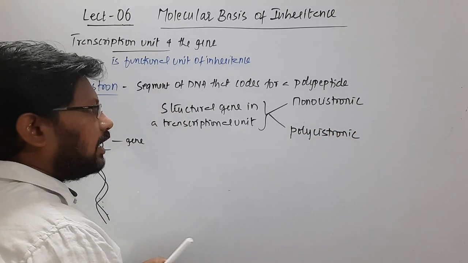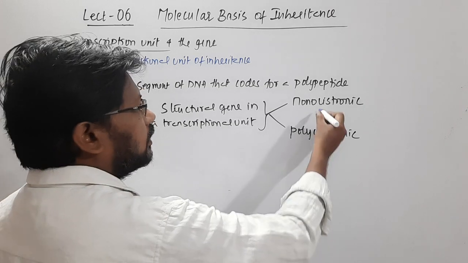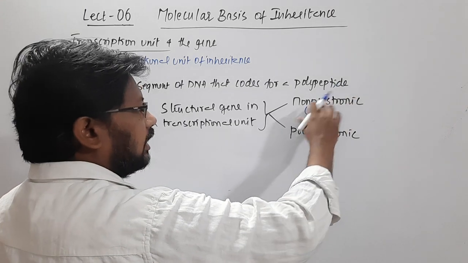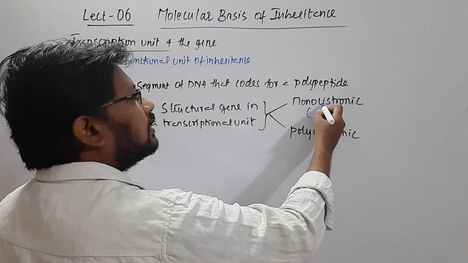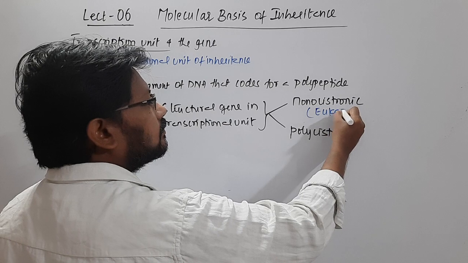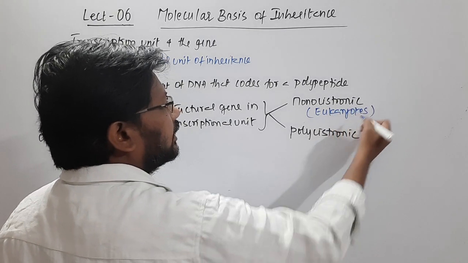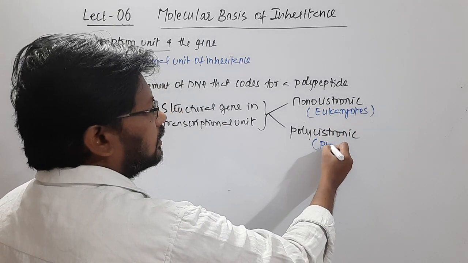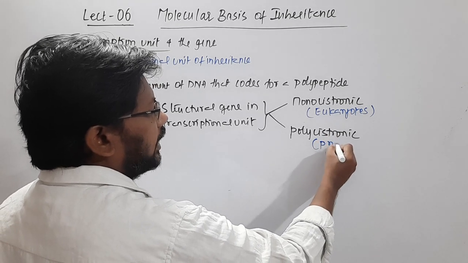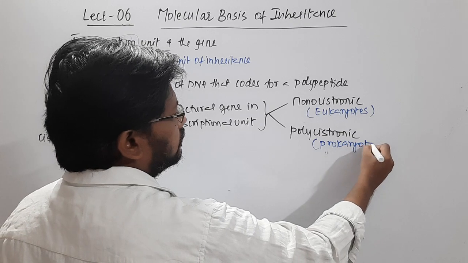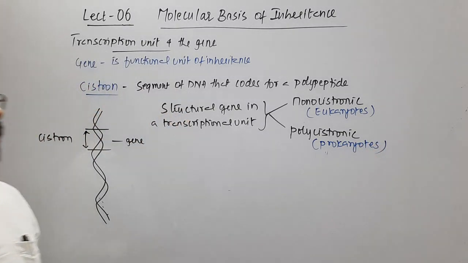Monocistronic is seen in eukaryotes, whereas polycistronic we will be seeing in prokaryotes. So monocistronic will be seen in eukaryotes and polycistronic in prokaryotes.